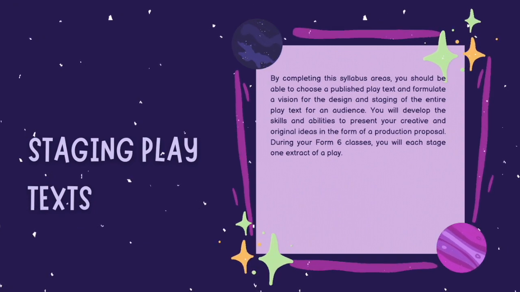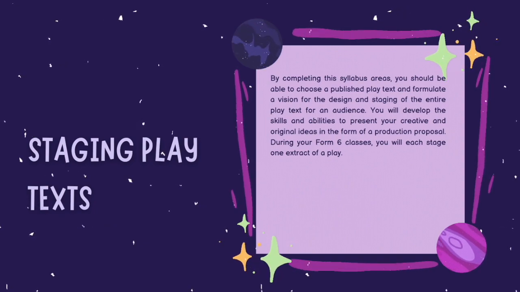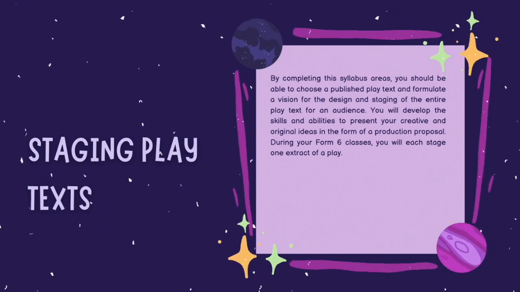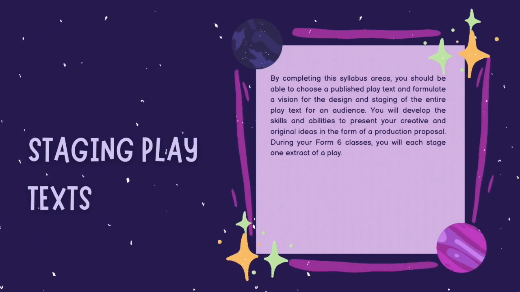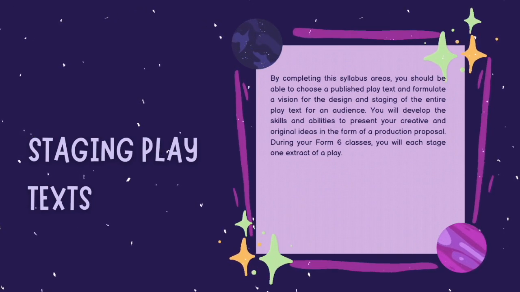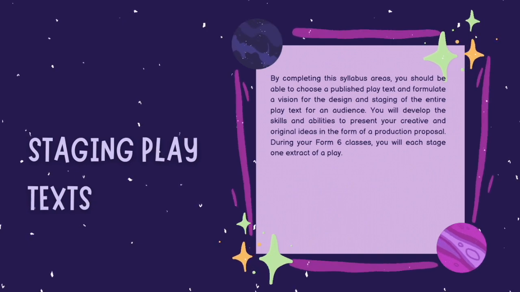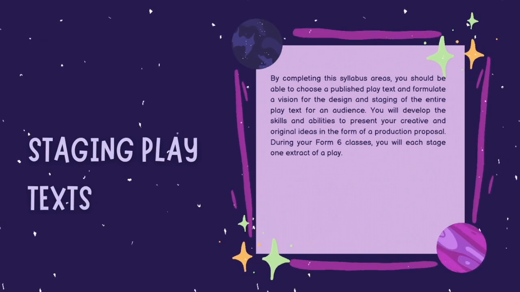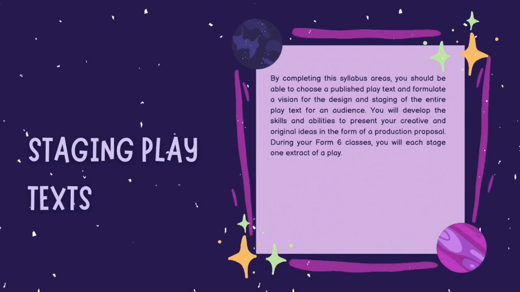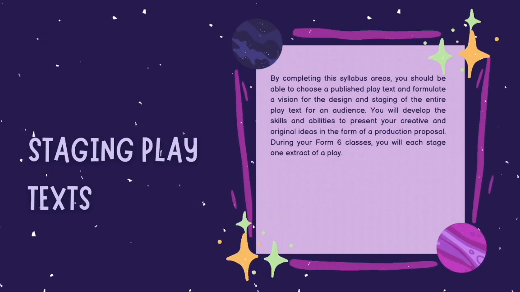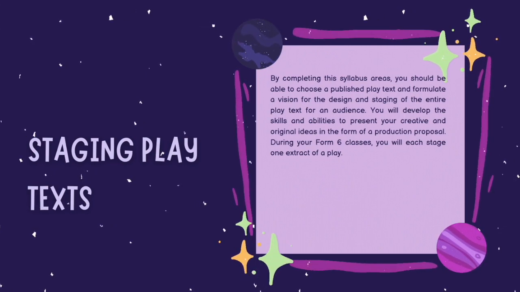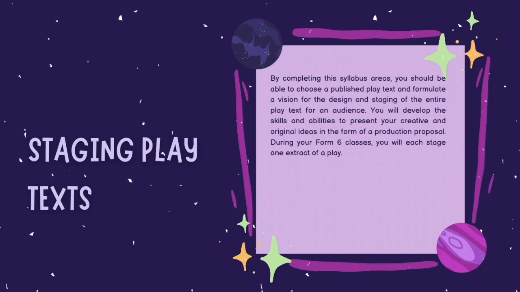You should feel comfortable to choose a published play, and from that play, explore it, read it, understand what the playwright was trying to say, identify the themes, identify the main ideas, and from that, be able to formulate a vision that you have as a director and as a designer for the way that you would design and stage the entire play for an audience.